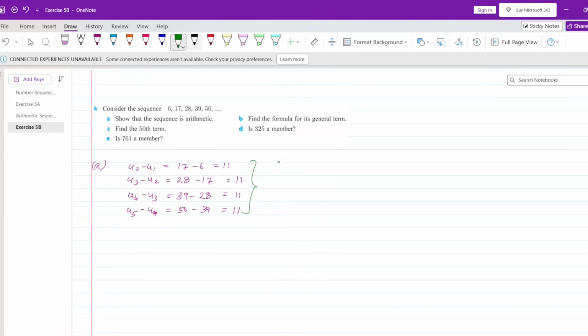So as the difference is the same throughout, therefore the sequence is arithmetic.